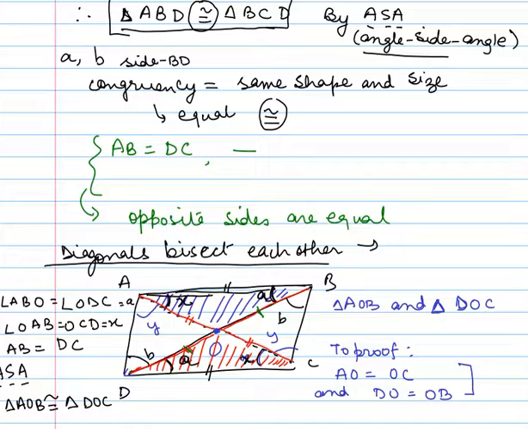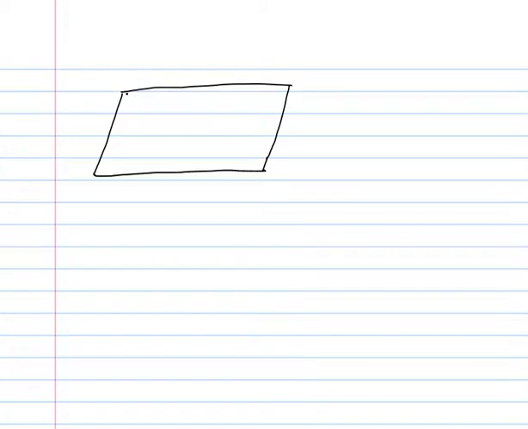Now the last property which says that the adjacent angles of a parallelogram are supplementary, means the summation is 180 degrees. Now let us say this is a parallelogram ABCD. Now look at these two parallel lines AB and DC.